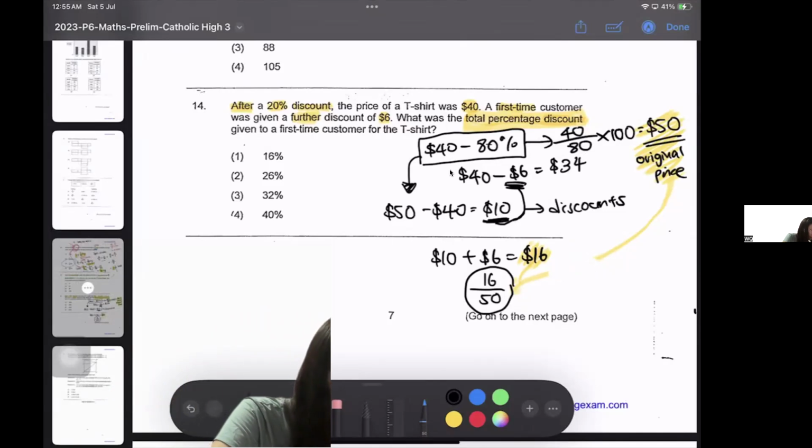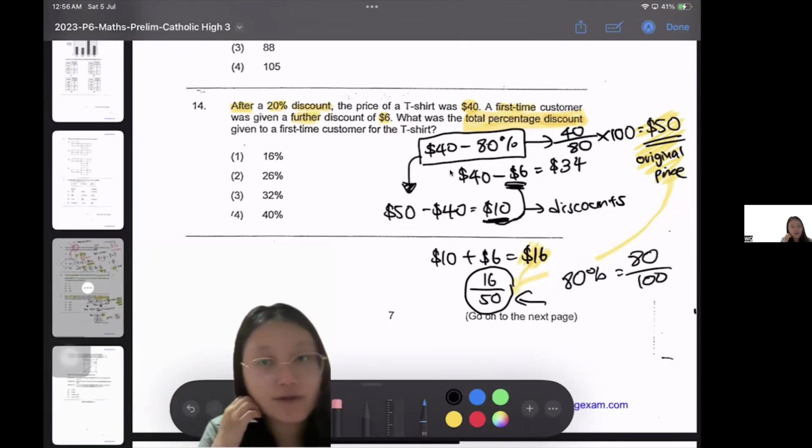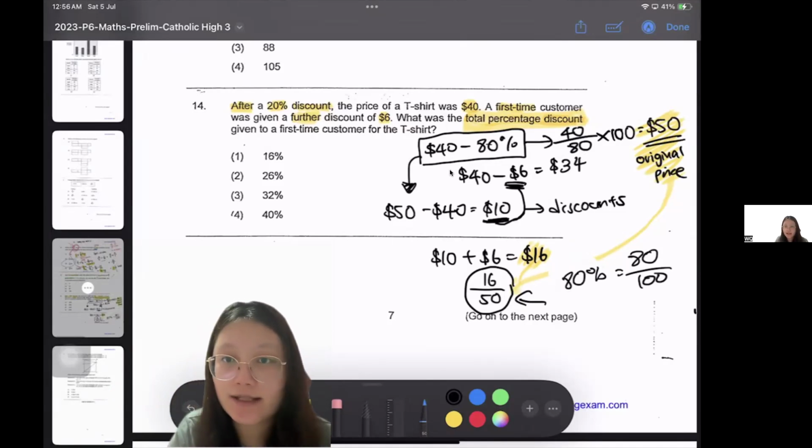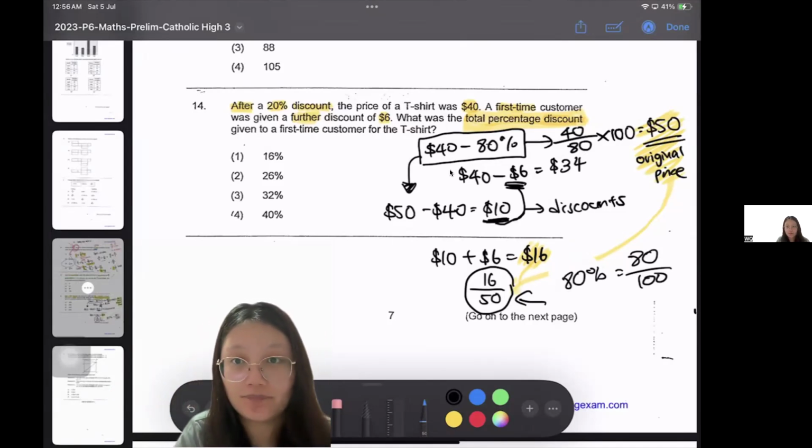if you remember, 80% is the same as 80 out of 100. So if you have this over here, which is 16 out of 50, what you can do is simplify the fraction.